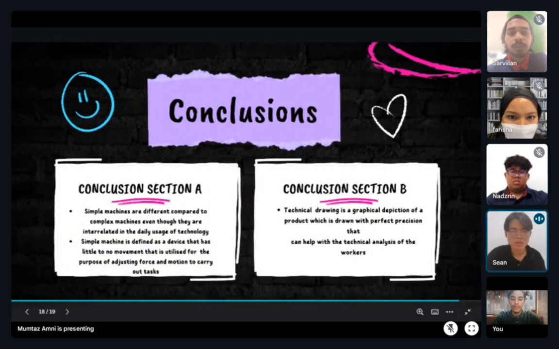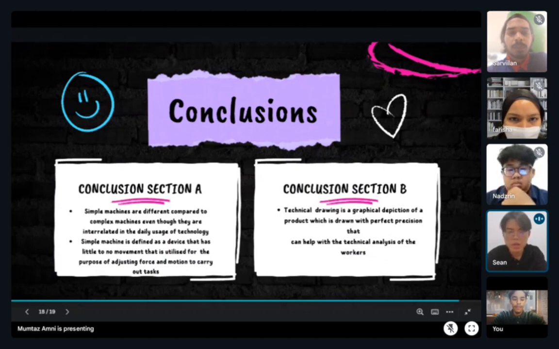And now I will present the conclusion for section A and section B. Through our research in section A, we learned that there are six types of simple machines, which are levers, pulley, inclined plane, wedges, screw, wheel, and axle.